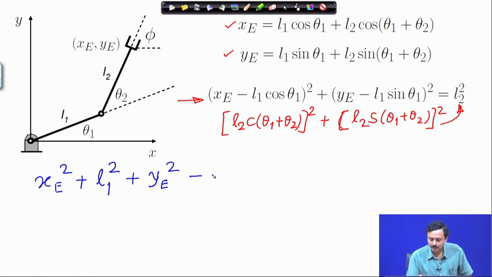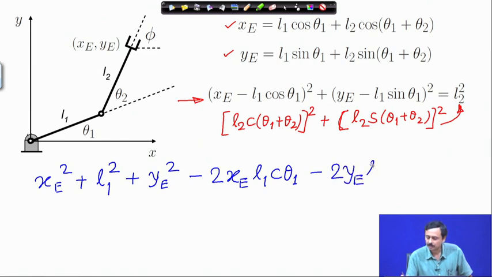Then we have the cross terms, minus twice x e L 1 cosine theta 1 minus twice y e L 1 sine theta 1, is equal to L 2 square.